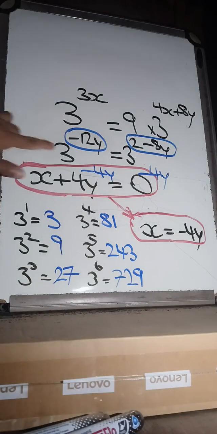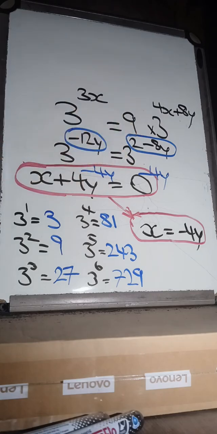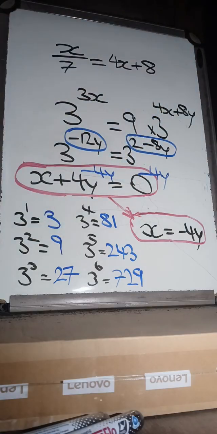Now finally, we have a 3 here and a 3 here. Yeah, so this was a lot. Because we wanted to use something that makes sense. When it's posed as a fraction, you want to get rid of the denominator. Anytime you see something like x over 7 equal to something, you always want to get rid of the 7.